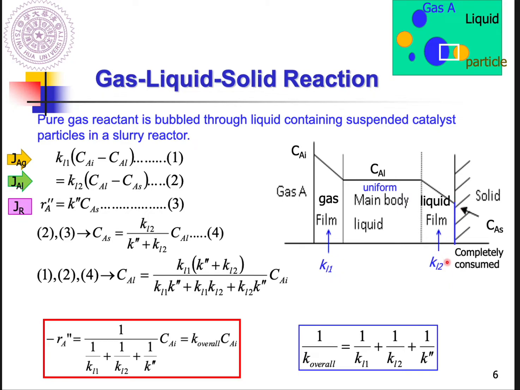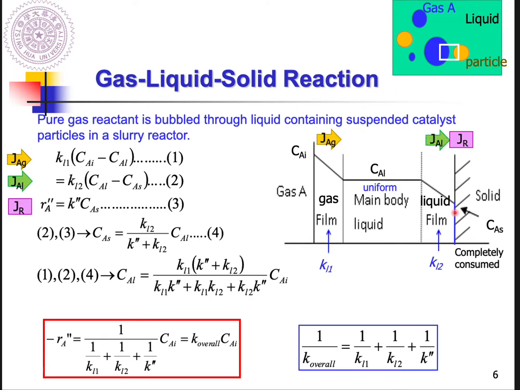We also have a transport coefficient KL2 equal to the diffusivity of reactant A passing through this liquid film layer divided by the thickness of this liquid film. Then the reaction happens at the surface of this solid catalyst.